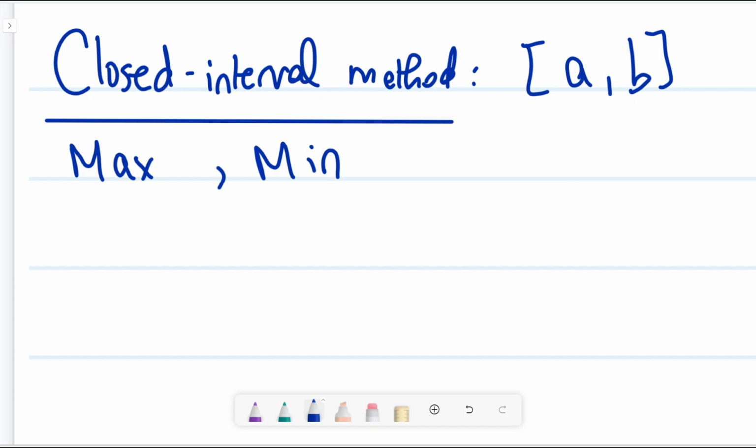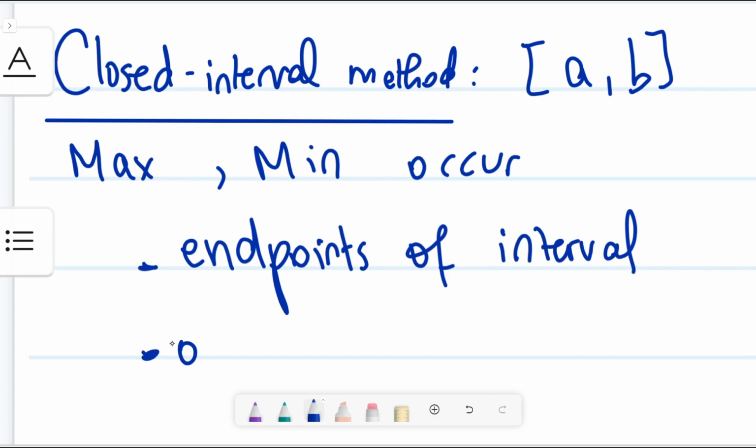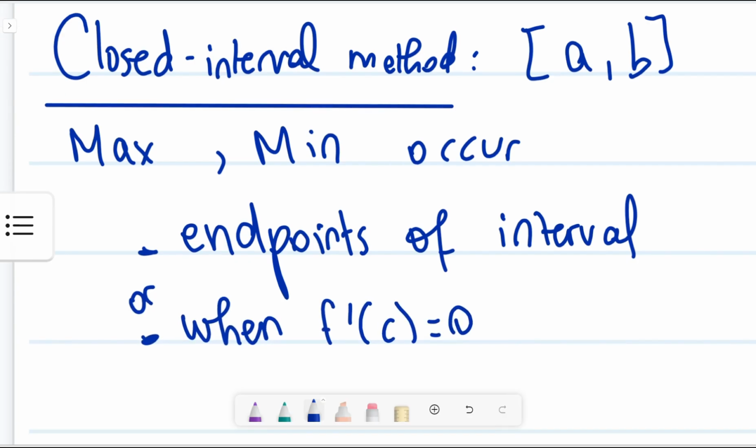So the maximum or minimum occurs either at the endpoints of the interval or when the derivative equals 0.